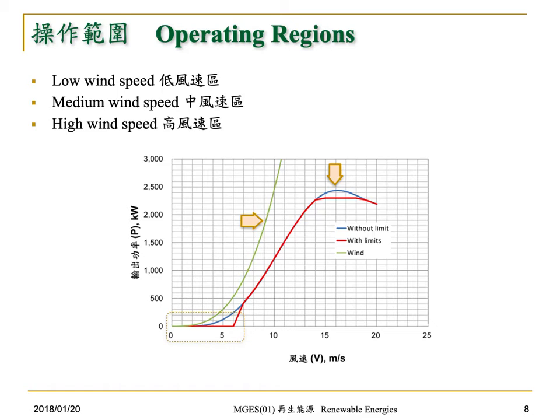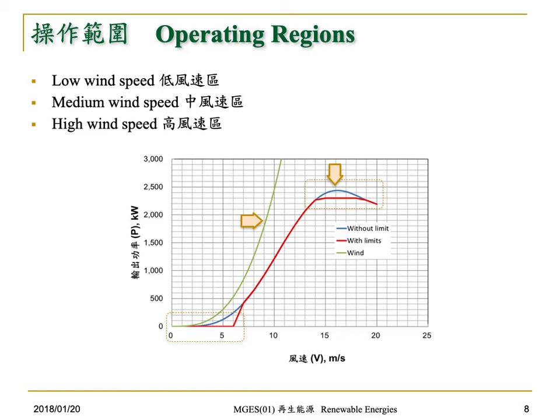At a lower wind speed, usually the wind turbine is shut off, because actually running a wind turbine needs some electricity, and at a lower wind speed it won't generate much electricity but consume more. There's no point in running that. And then at the extremely high upper limit, they also have a limit, for safety or the power output limit, so they will restrict the wind turbine to a certain output power.